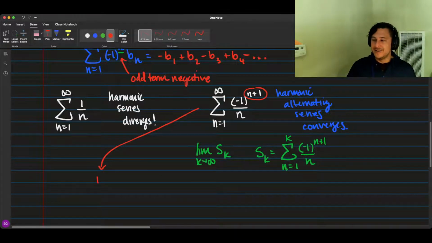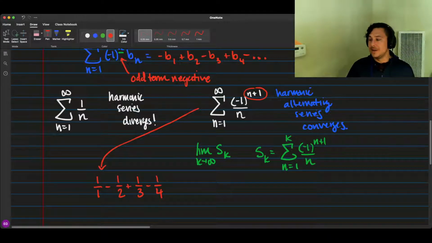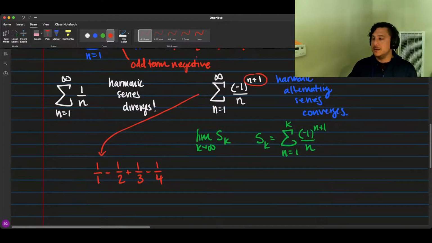So you get 1 over 1 minus 1/2 plus 1/3 minus 1/4 and so on. So let's say that we stop with k as some even number. So the odds would be negative.